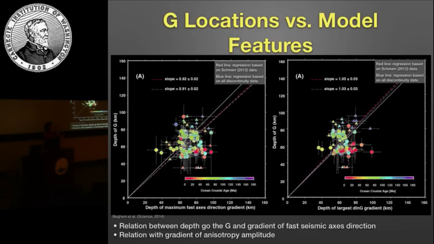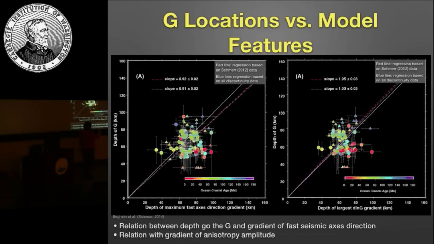If it was a perfect match, it would be following the white line here, a one-to-one match. It's a cloud around it, but within uncertainties, if you try to fit a line through these data, you get a slope of 0.9, so it's pretty close to having a slope of 1.